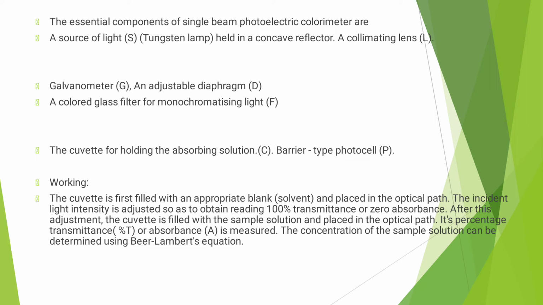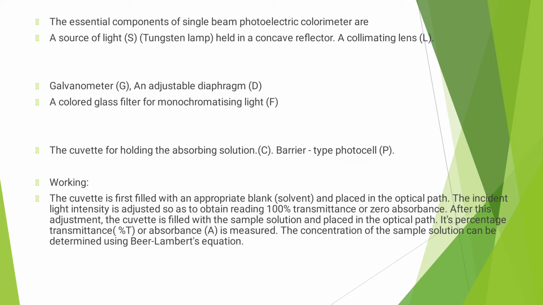The essential parts of a single beam photoelectric colorimeter are the source of radiation, collimating lenses, as well as the adjustable diaphragm, and a colored glass filter for monochromatizing the light, and a cuvette for holding the absorbing solution, and the P is the barrier type of photocell, which is used for the detection of the transmittance.